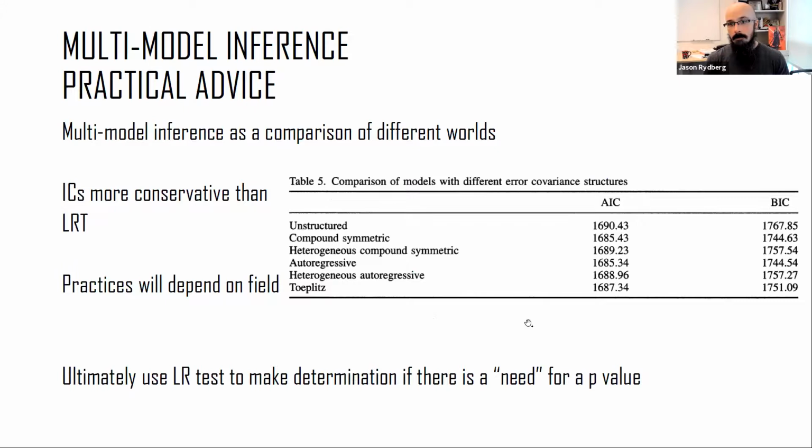Now, what I want you to think about here is when we do multi-model inference, I really love this analogy. I got this from Stephen Vasey in a workshop I did with him, that we can always think about multi-model inference as being this comparison of different worlds. I use multi-model inference for everything from testing interactions to selecting different variance covariance structures, but it's like we are trying to imagine the world that produced our observed outcome, our observed data.